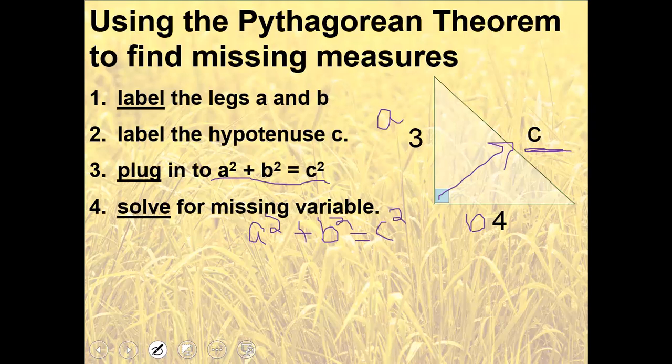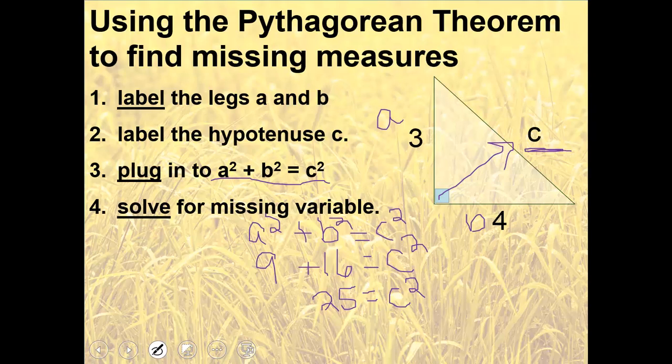So a squared is 3 squared, so that's 9. Remember, you're not multiplying by 2. You are multiplying by the same number, so you're squaring. Okay. B is 4, so I get plus 16 is equal to c squared. Don't know it, that's what I'm looking for. Okay. Now I add these two together and I get 25 is equal to c squared.